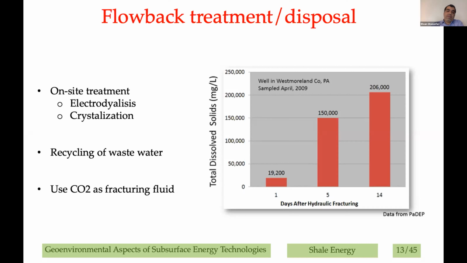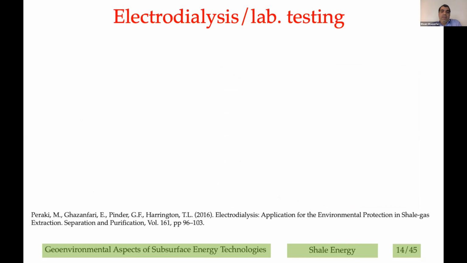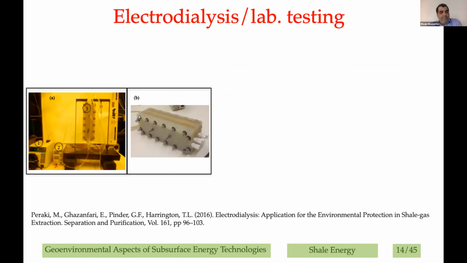One of the new proposed techniques is using CO2 as fracturing fluid, so that means that less recycling would be needed and there would be less environmental impact. And in our lab, we tried electrodialysis as a pre-treatment technique to bring down the TDS level of flowback.